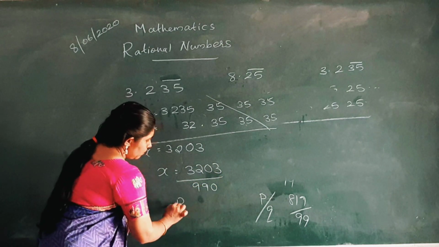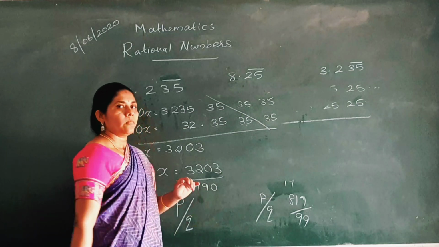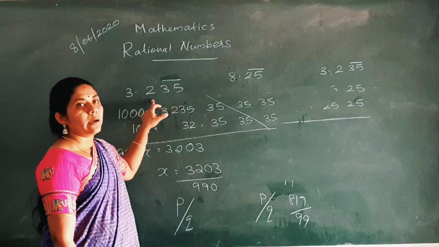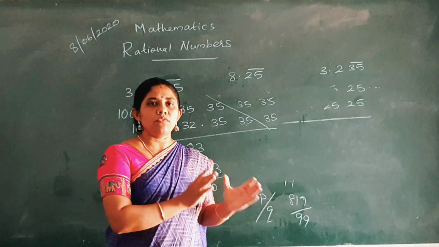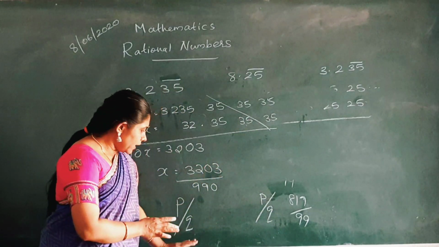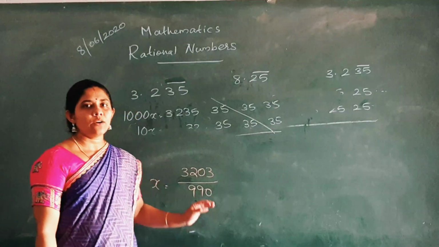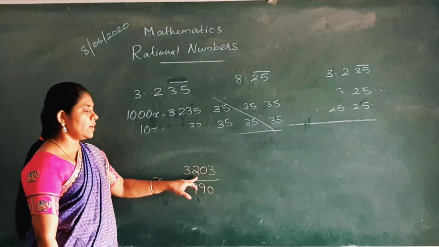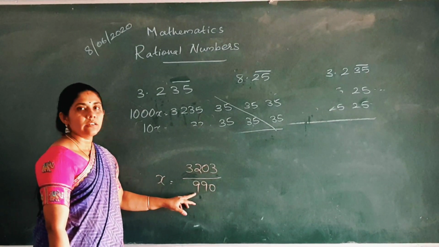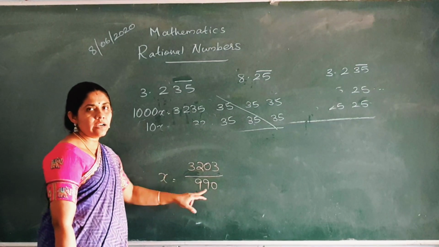This is our P by Q form. The decimal number 3.235 is converted to a rational number, where the numerator is 3203 and the denominator is 990.